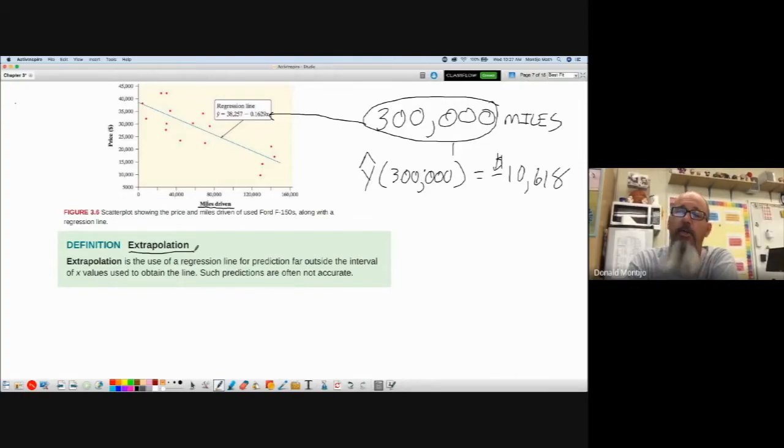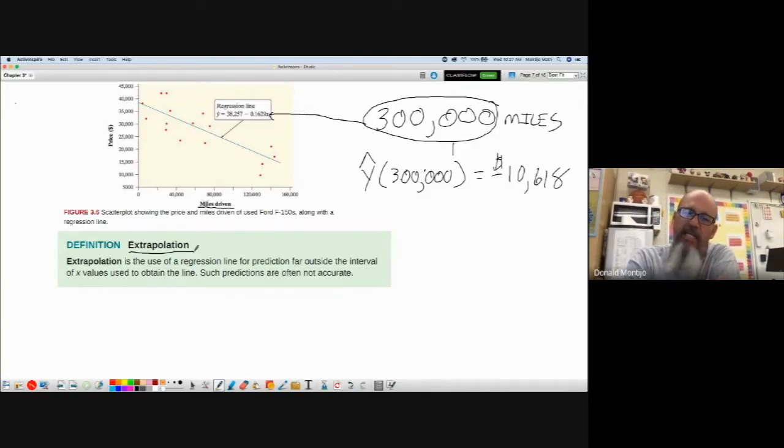Okay. So extrapolation is when we use the regression line to predict outside the X values used to come up with the model. If you think about humans, well, we grow at an incredible rate as babies. So we could come up with a model for how fast a baby would grow, but we couldn't use that model to see how tall a 60-year-old person would be, because using that model, a 60-year-old person would be 500 feet tall.